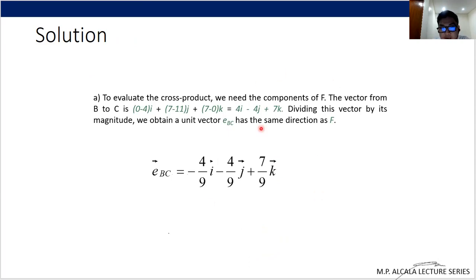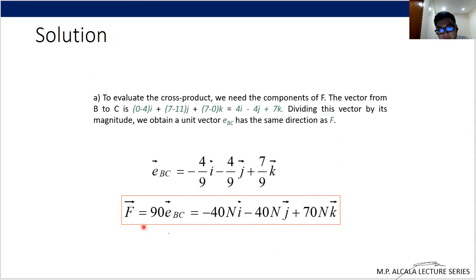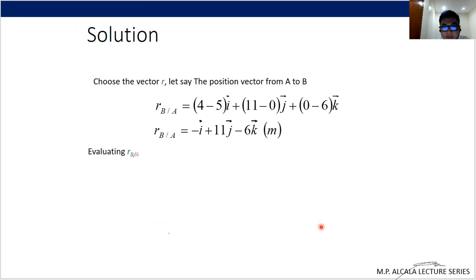I hope you can already compute for the unit vector from the previous lectures. You may review the previous lectures, or you can comment down in this video if you need some clarifications, and I can easily explain it to you, class. The force is the magnitude multiplied by the unit vector, giving us the force vector: negative 40 i hat, negative 40 j hat, and positive 70 k hat.